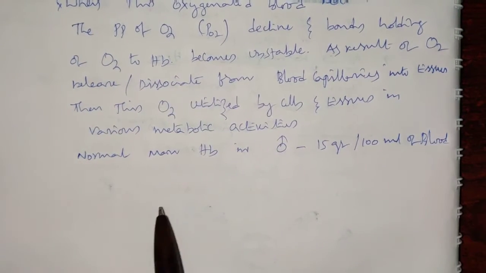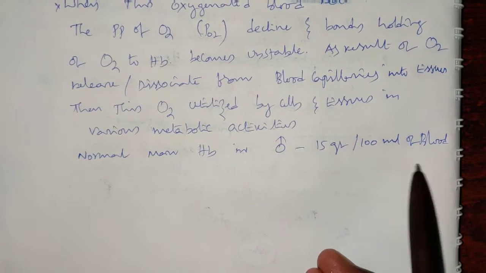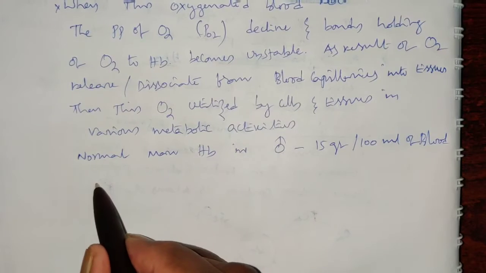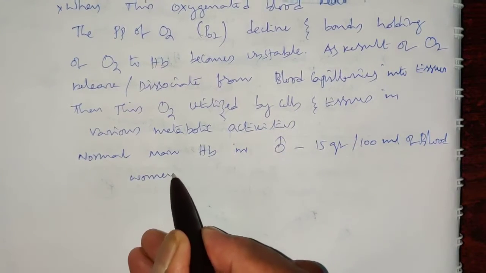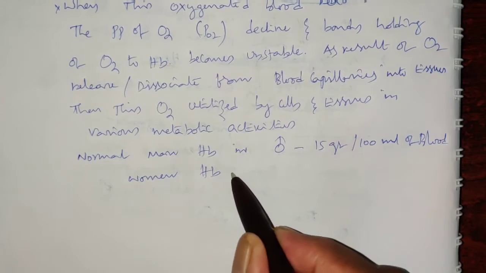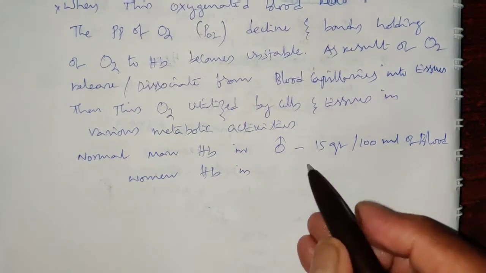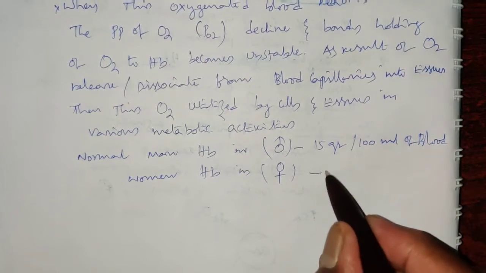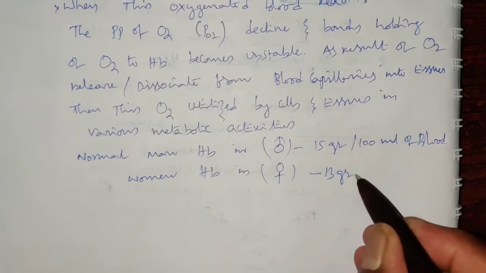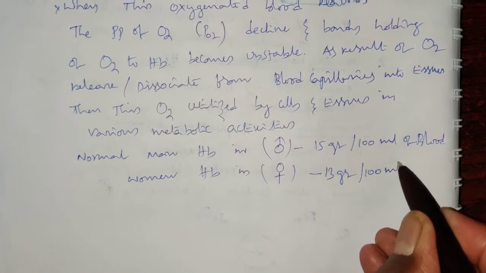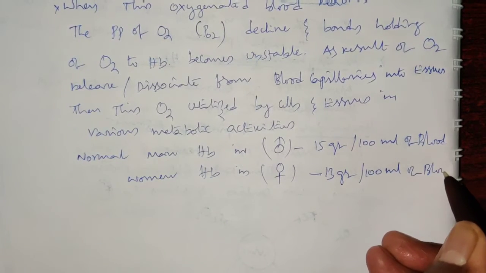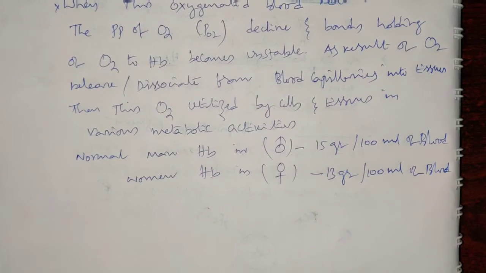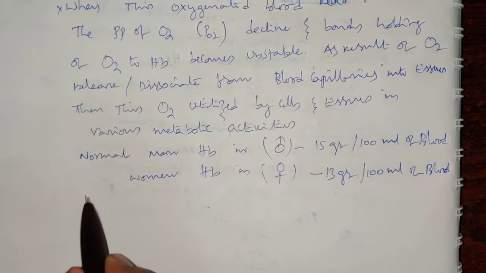So normally the hemoglobin percentage in males is 15 grams per 100 ml, whereas in women hemoglobin is 13 grams per 100 ml of blood.